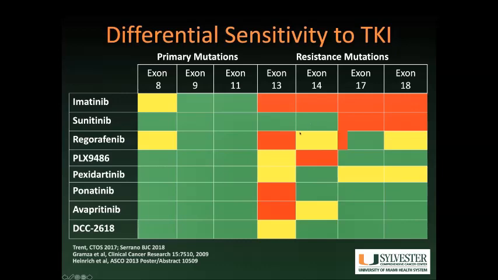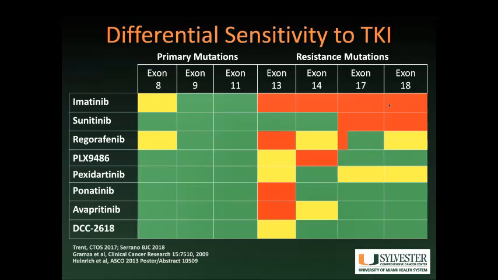Whereas the other agents like Regorafenib, etc., are not so active in the 13-14 area. Conversely, if you keep going out to the right, Sunitinib is not very effective at exon 17 or 18 resistance mutation.